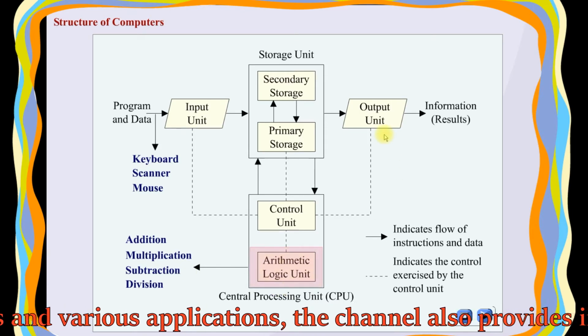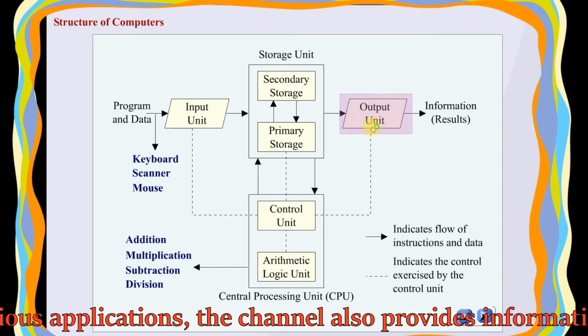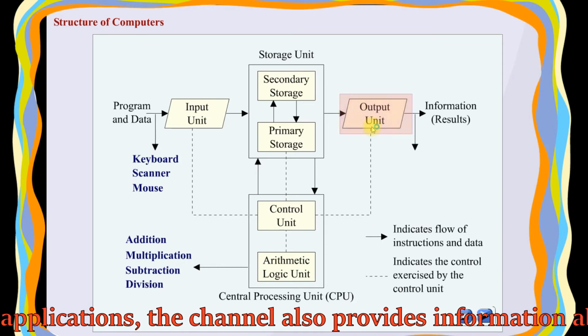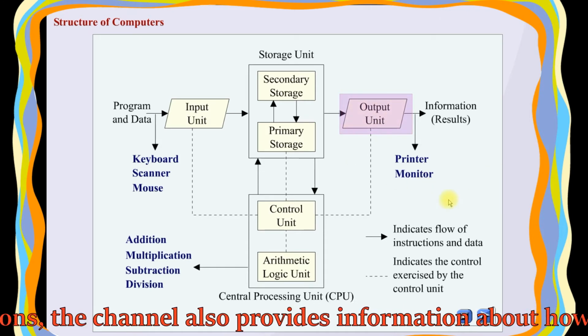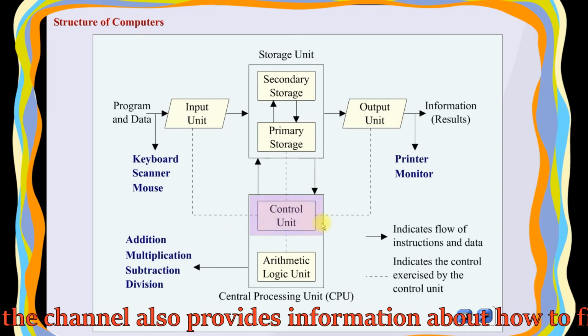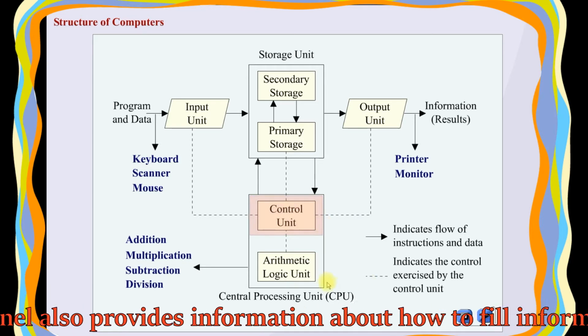And the output unit gives the results of the work, through devices like printer, monitor and etc. The control unit is to manage and coordinate the entire computer system.